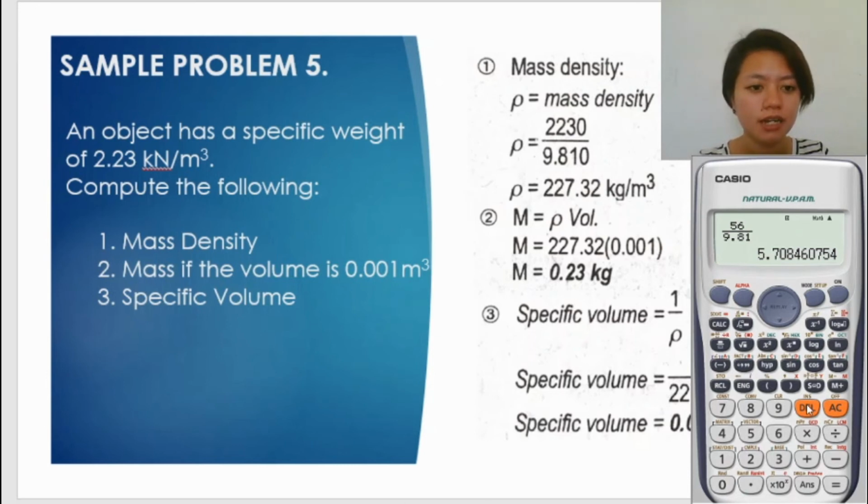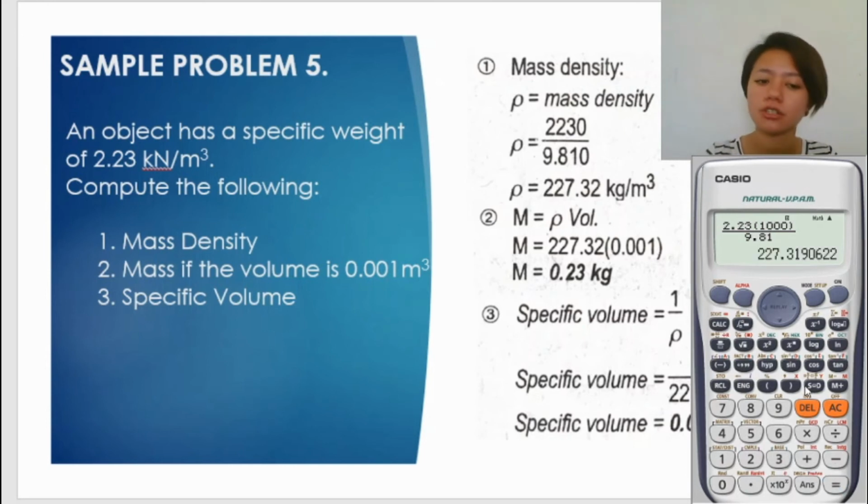We input 2.23, times 1,000 to convert to Newtons, all over 9.81. So we have 227.32 kilograms per meter cube.